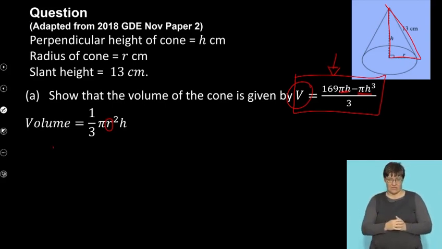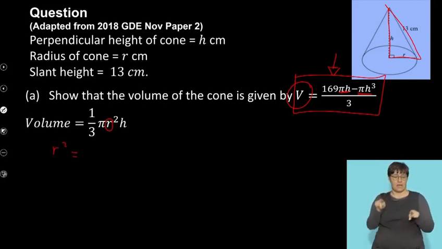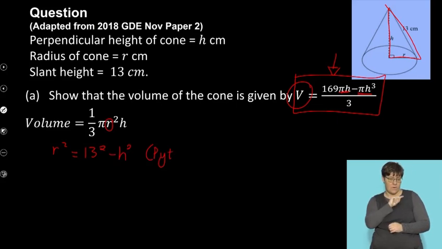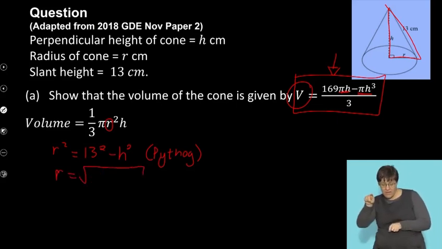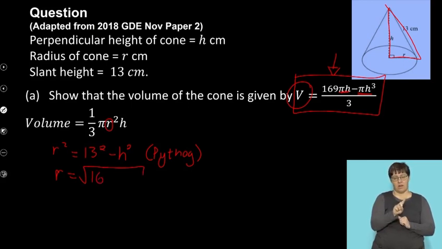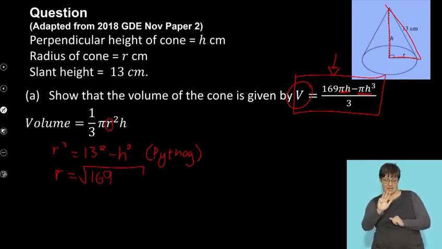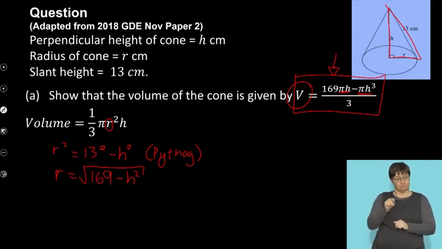So r squared will be equal to 13 squared minus h squared. Because I want r by itself, r will be equal to the square root of 169 minus h squared.